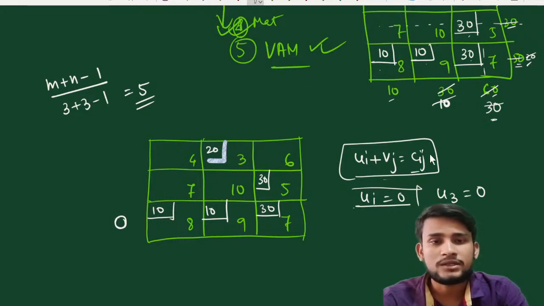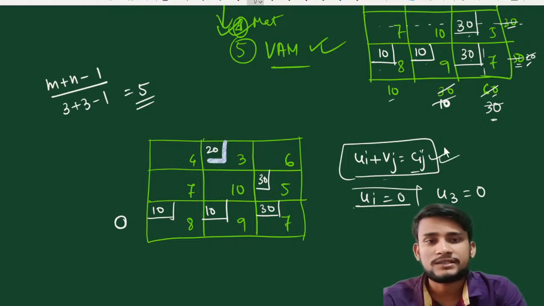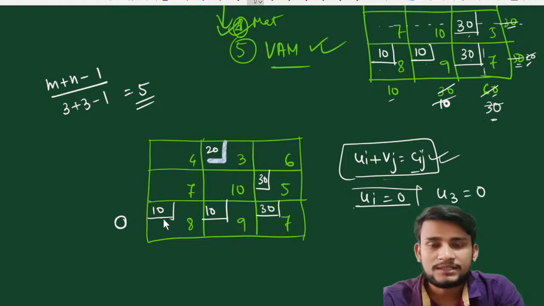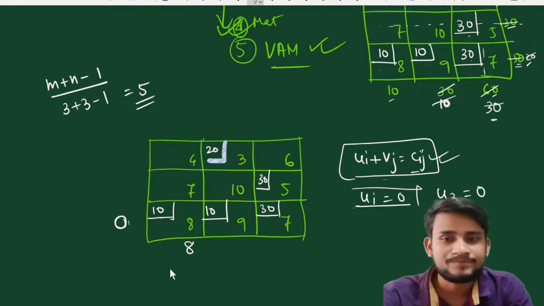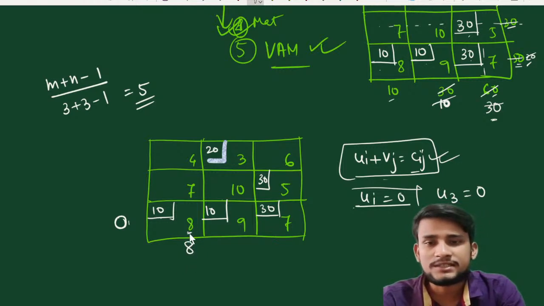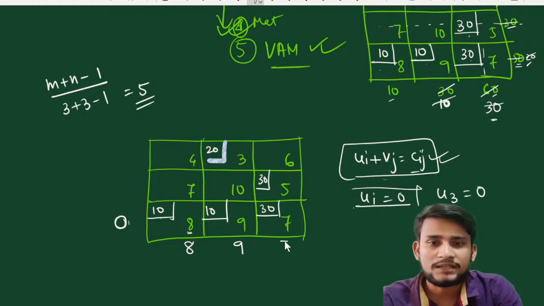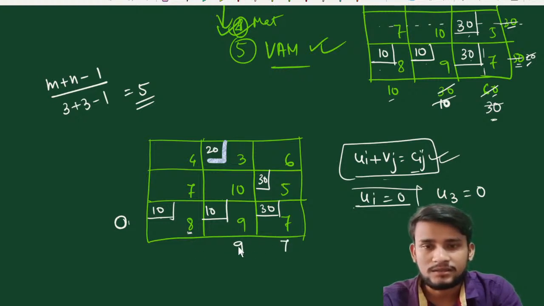We now calculate the vj by using this relation, that is, 0 plus vj equal to 8, therefore this is equal to 8 we get. Since this is the cij cost, this is 9 and this is 7, just write it on the upper side.